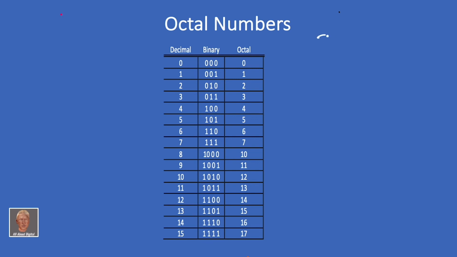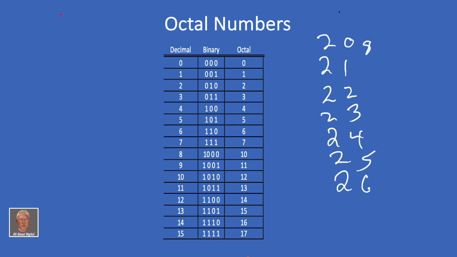And after it hits 17, it's at its maximum digit value, which is a 7. It's going to roll over to 20 base 8, and then 21, 22, 23, 24, 25, 26, 27, and now it hit its maximum digit, so it's going to roll over to 0 and go to 30.